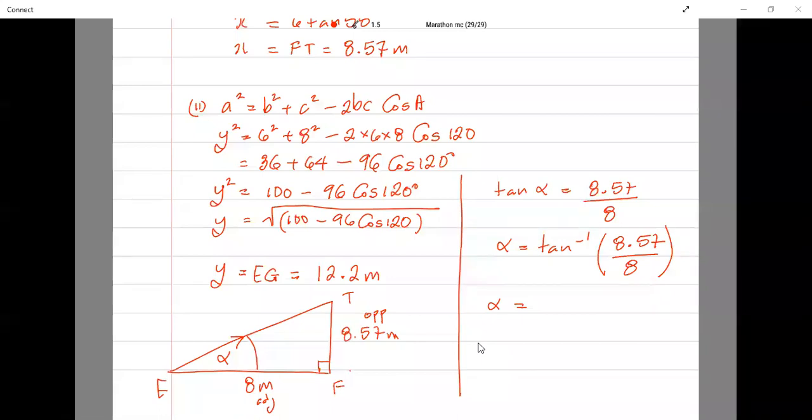This is approximately 47.0 degrees to 3 significant figures. So the angle of elevation of T from E is equal to 47 degrees. All right, and that would be the end of the question.